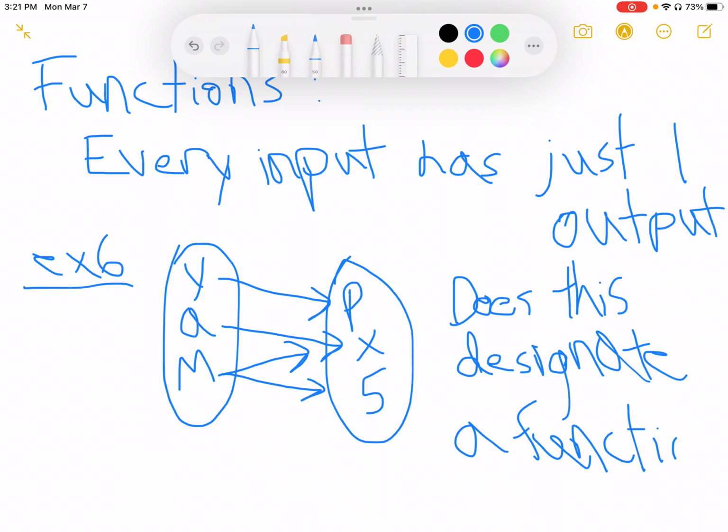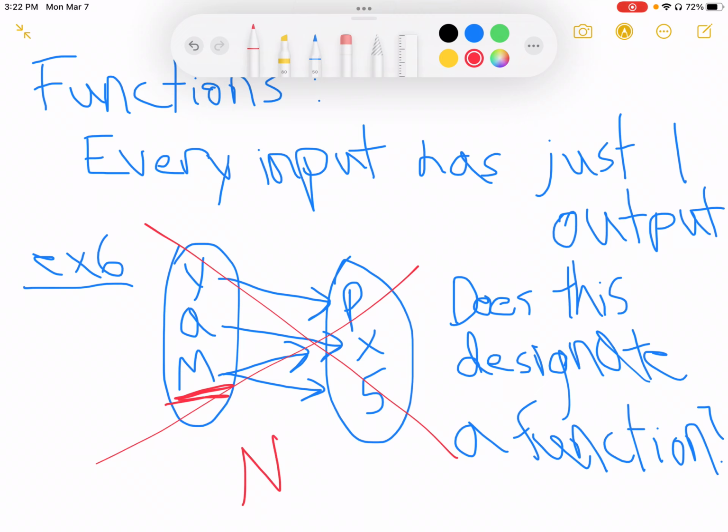The short answer is no, because if it did, then every input has just one output. You can see m right here has two outputs, so it can't designate a function at all. So we'd say no, can't do that.